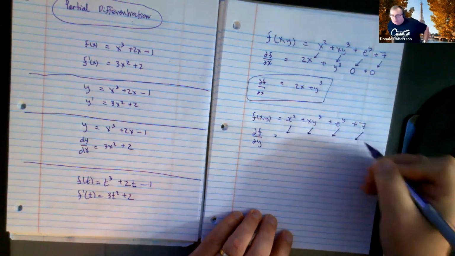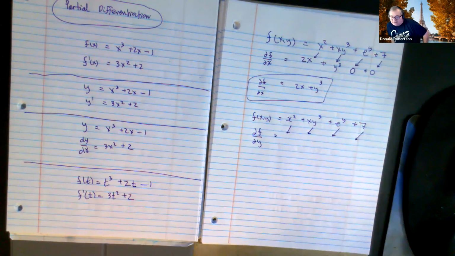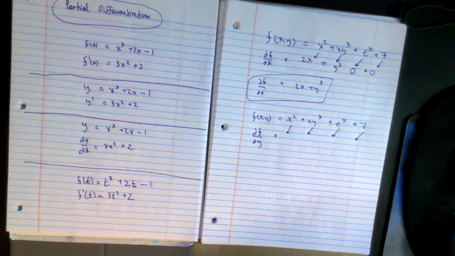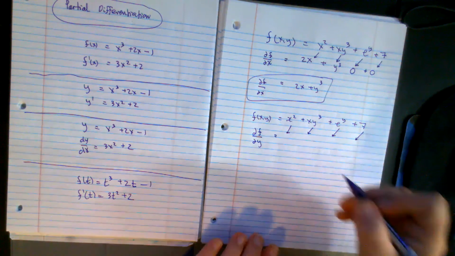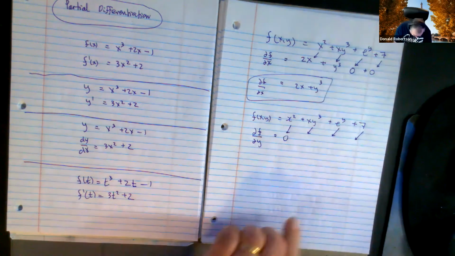Let's see where they go. What is the derivative of x squared when you consider y as the variable? 0. Great. Would you agree 7 is 0?